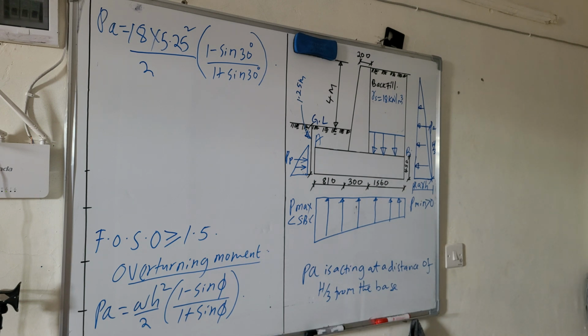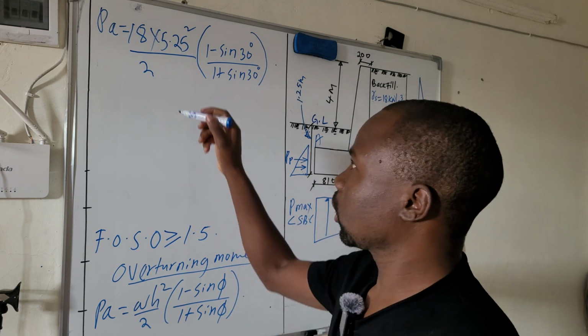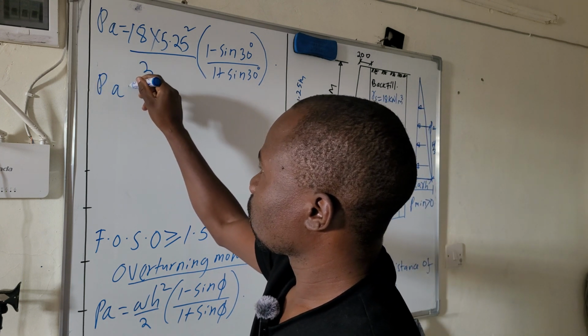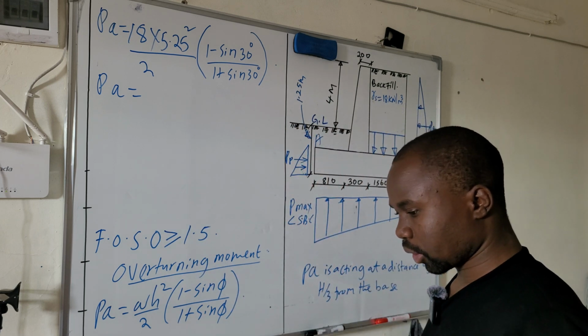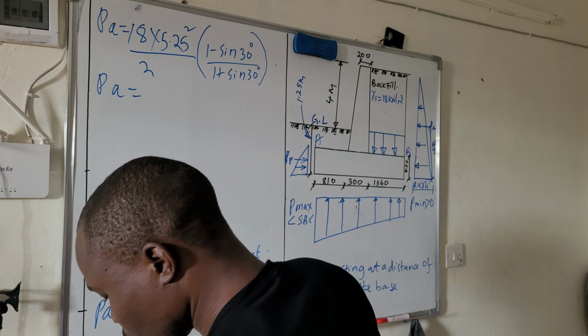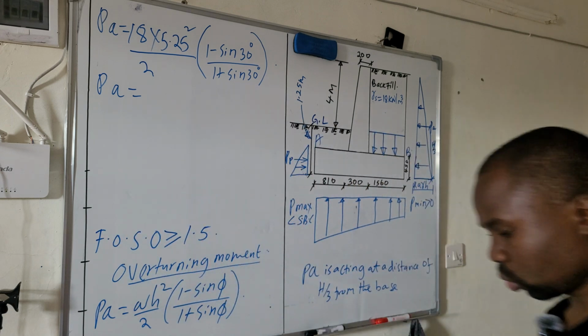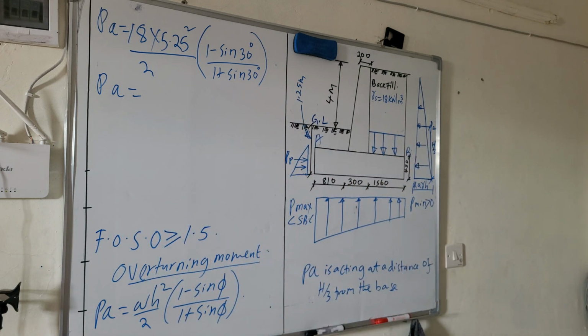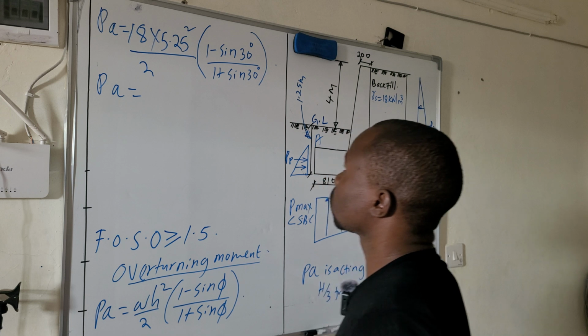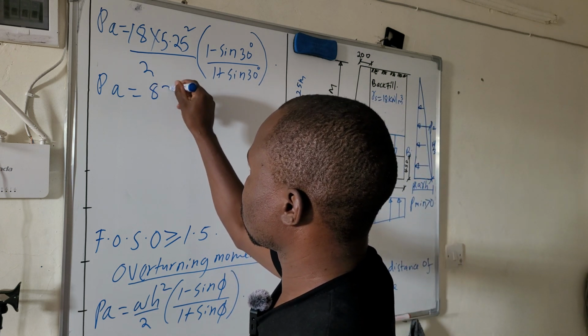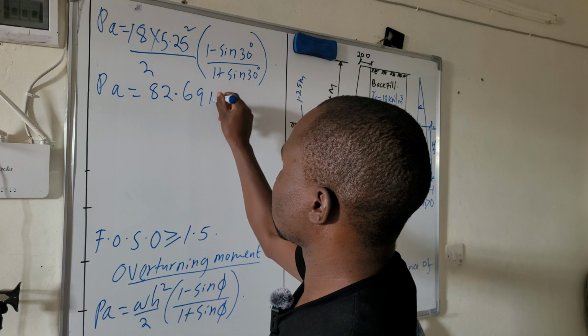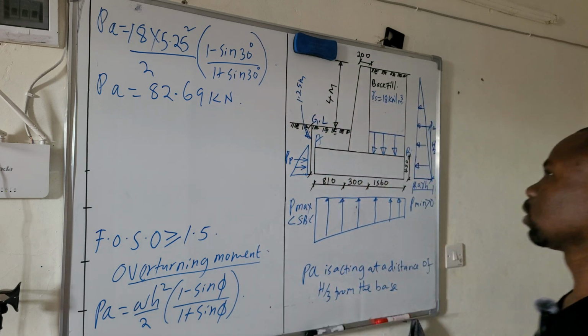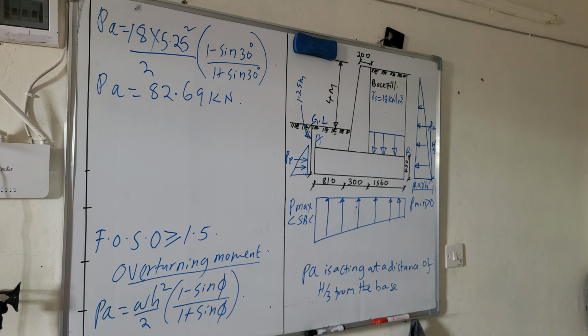If you punch your calculator, you will get PA, therefore PA is equal to 82.69 kilonewton. So that is the active pressure of this retained soil.